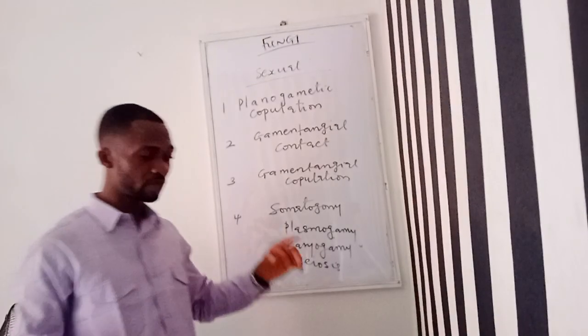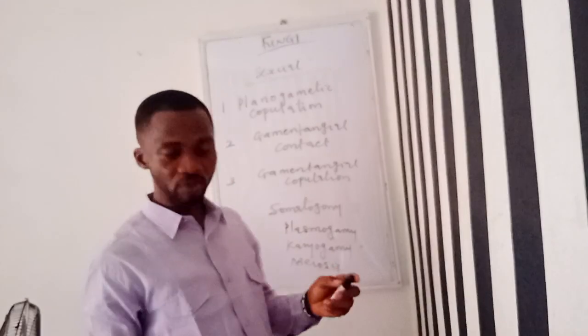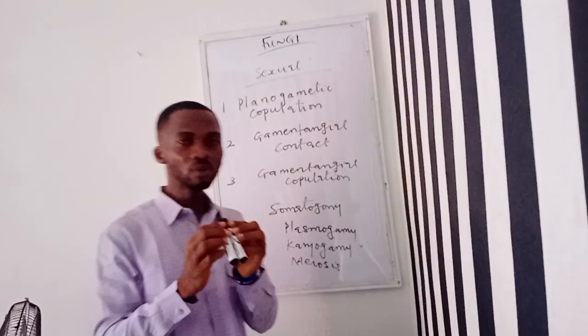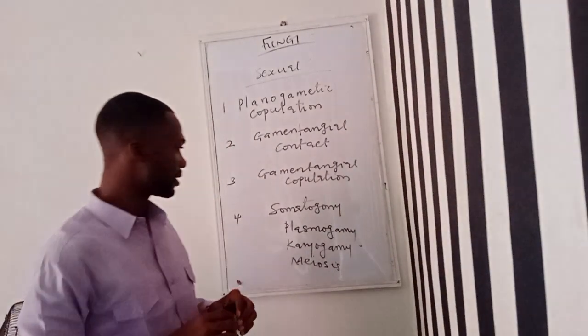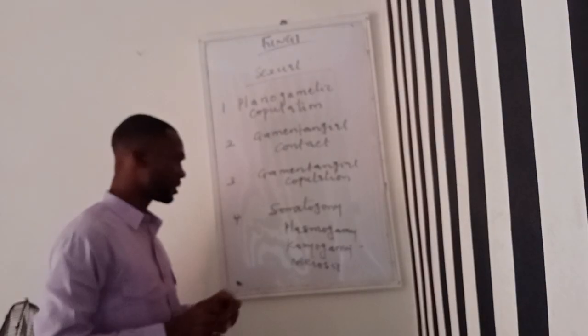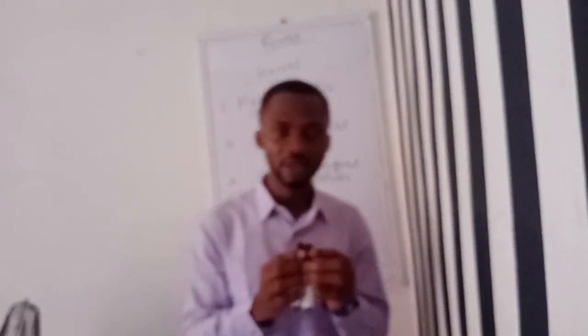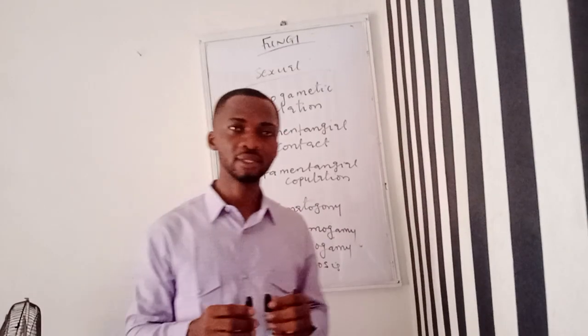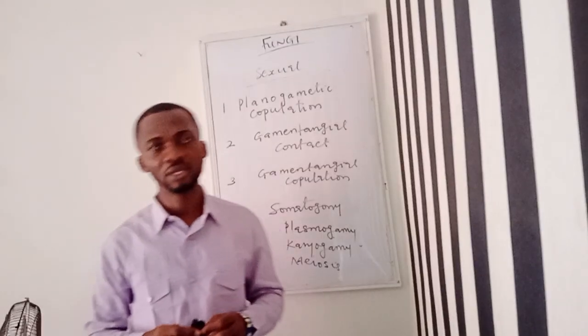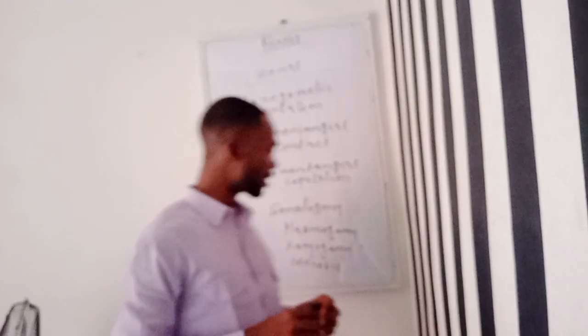The first one is plasmogamy, when two different fungi unite their protoplasts together. Then when two fungi unite their protoplasts, of course, there is a fusion of their nuclei, and that fusion of nuclei is what we call karyogamy.